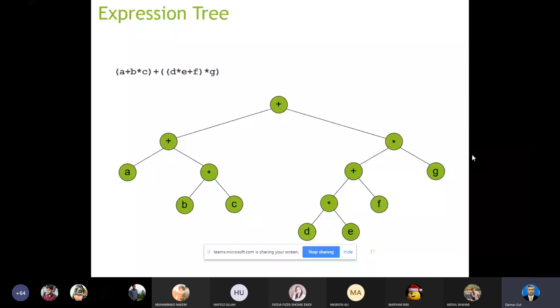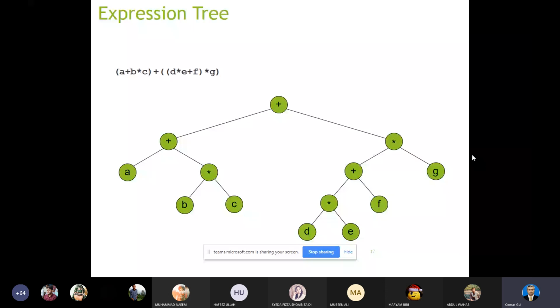You can see on the root node you have the plus operator. In the left subtree you have this plus, and then on the left of the operator you have the multiplication of b and c, and then this b times c will combine with a.